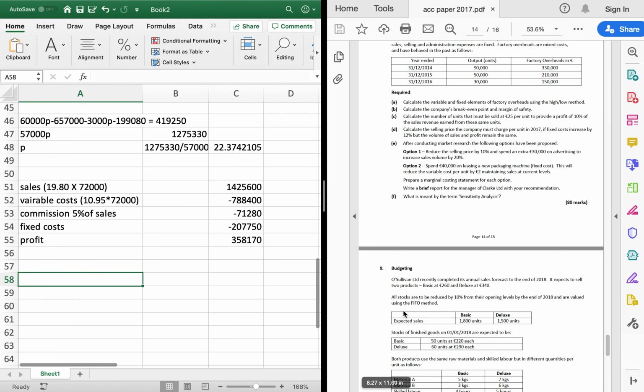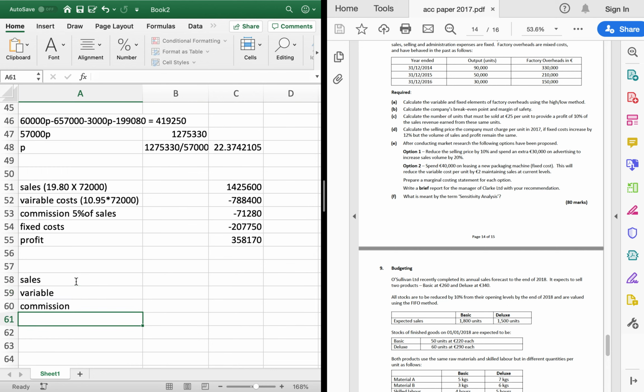Okay, the second option, spend 40,000 on leasing a new product. Well, just sales, variable, commission, and fixed. This will reduce the variable cost by €2 per unit, maintaining sales at current levels. So we're keeping 60,000 as our sales.